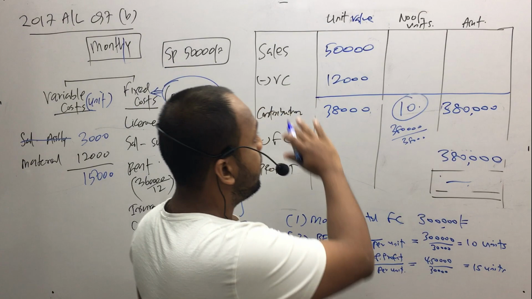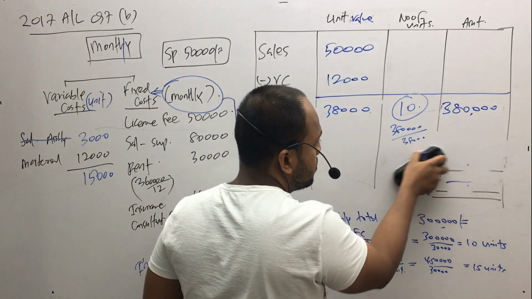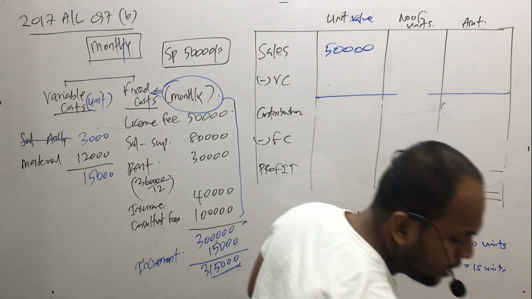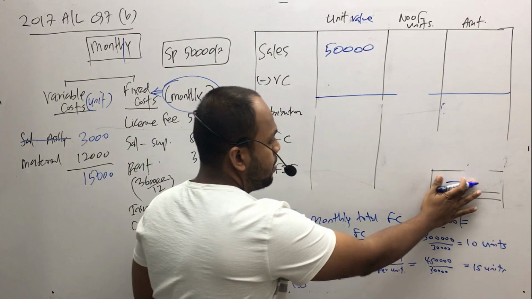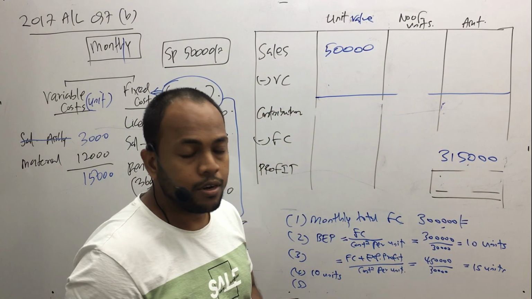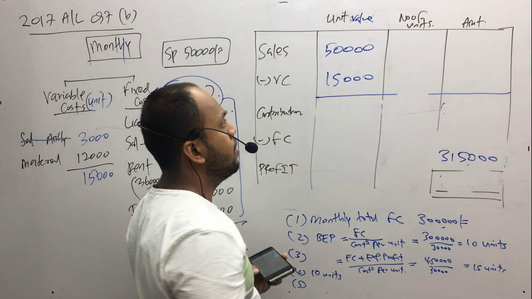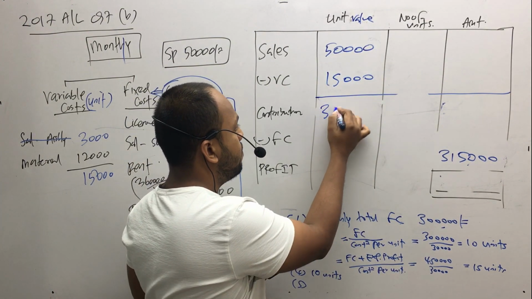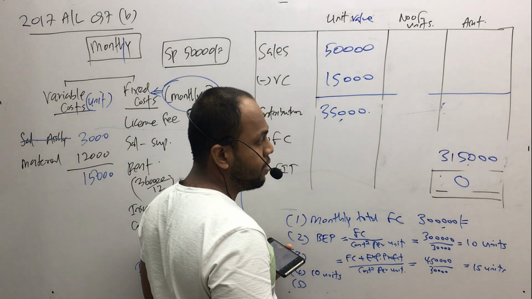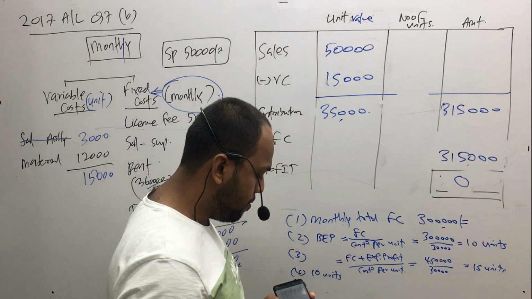So again, I come back to the statement. Price didn't change. Right. Fixed cost is 315,000 and the variable cost is 15,000. So 50 minus 15 is 35,000. So if you want to have a zero profit, minimum number, we need to have a total contribution of 315,000.